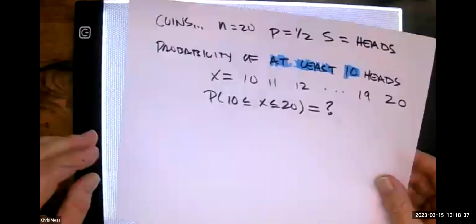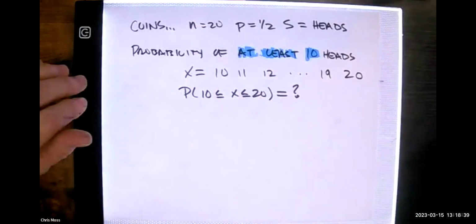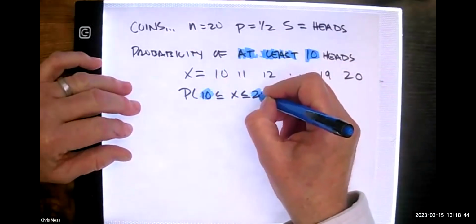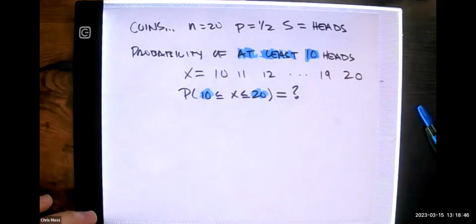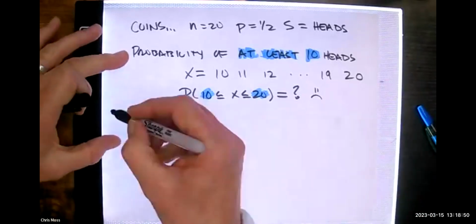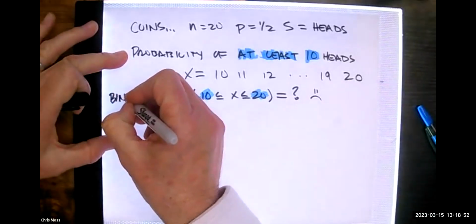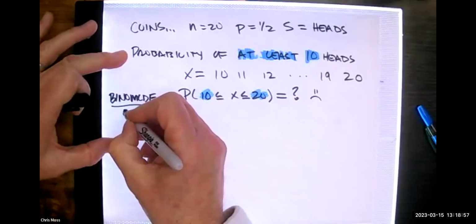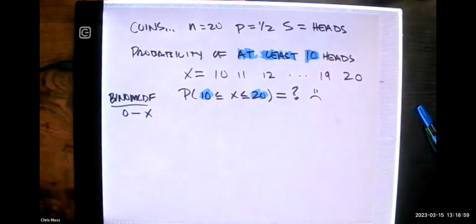So starting at 10 and going to 20, that's an issue. The binomial CDF goes from zero to whatever value of X we give it. That's the way that works.